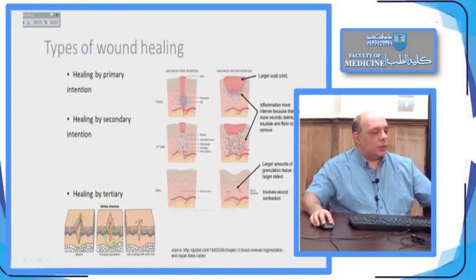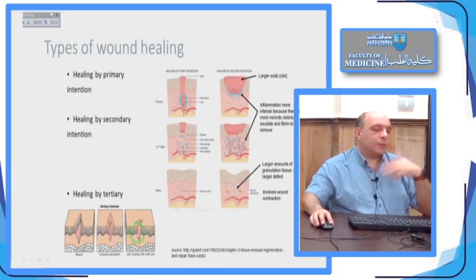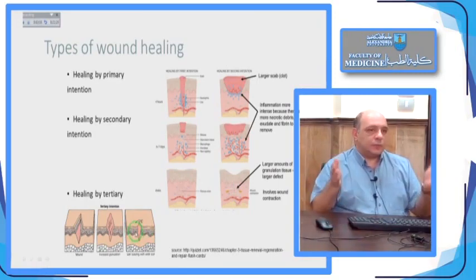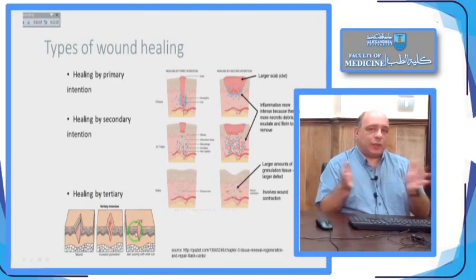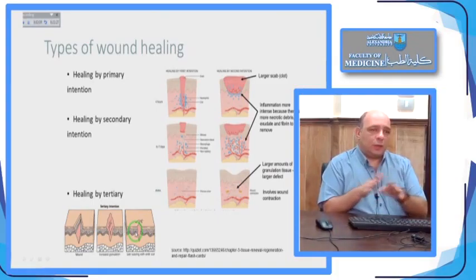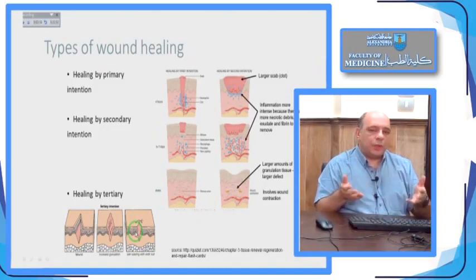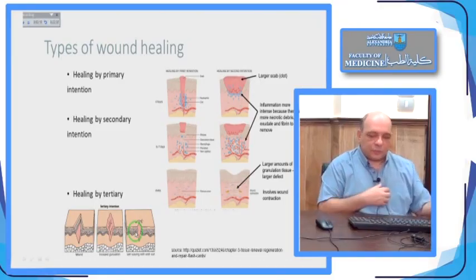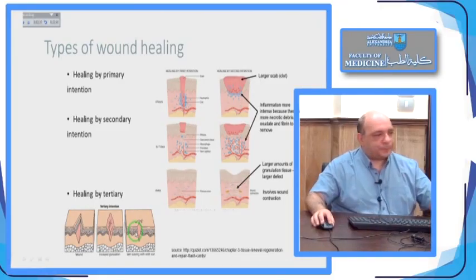Here is granulation tissue formed in this wound, and here you remove this granulation tissue and interfere, either by closing the wound by simple suture, or by doing a reconstructive procedure, like skin graft, skin flap, or whatever.